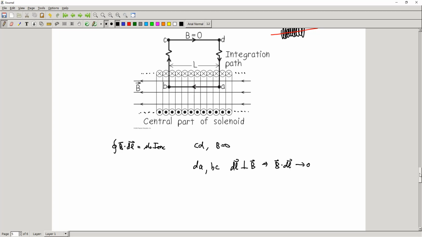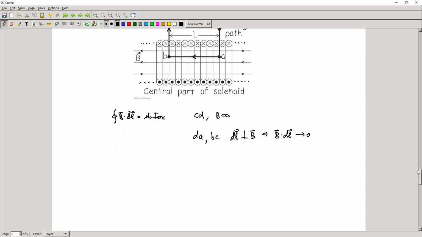Originally we had to do this integral. We could have broken it up into four parts: from A to B of B dot dl, plus from B to C of B dot dl, plus from C to D of B dot dl, and finally from D back to A of B dot dl.